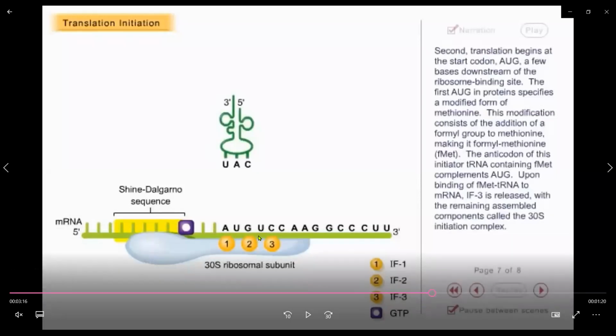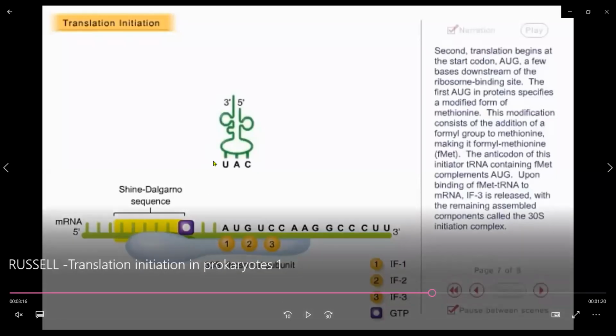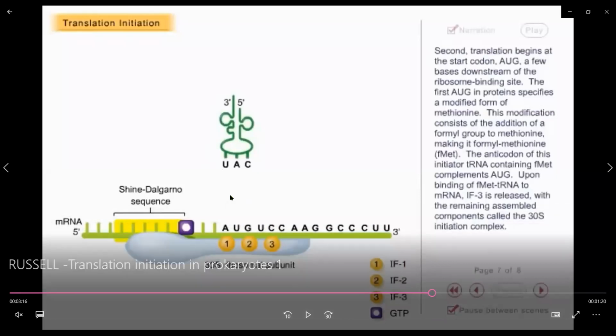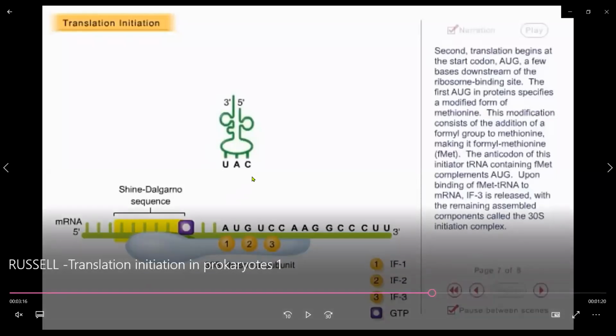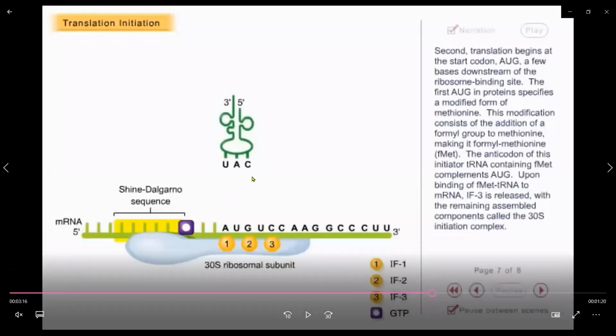In the case of prokaryotes, it has been seen that the initiator methionine, that is, the first methionine making a polypeptide, is a bit modified form of methionine. The modification is the addition of a formyl group, making it formyl methionine.